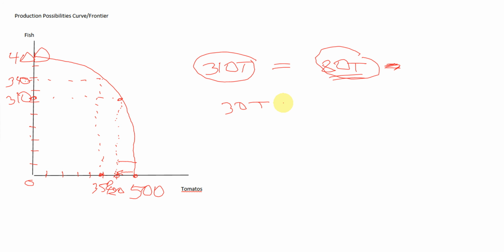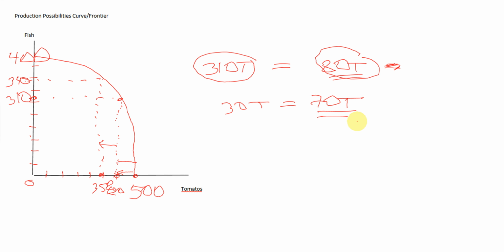But however, we are losing how many tomatoes? 350, 420, 70 tons. So as we produce more of this fish, we are losing more or less the same amount of this. So for a small increase in our fish catch, we have lost a huge amount.